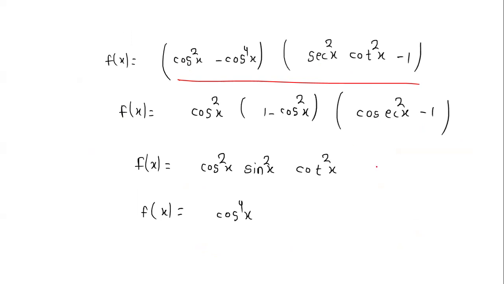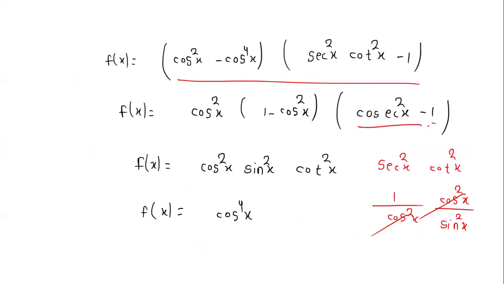Now if you multiply by sec of x whole square and cot of x whole square, this will become 1 divided by cos of x whole square. Here we have cos of x whole square divided by sin of x whole square. So 1 divided by sin of x whole square becomes cos of x whole square minus 1. Here you can take cos of x whole square common between these two terms, and the remaining thing is 1 minus cos of x whole square.